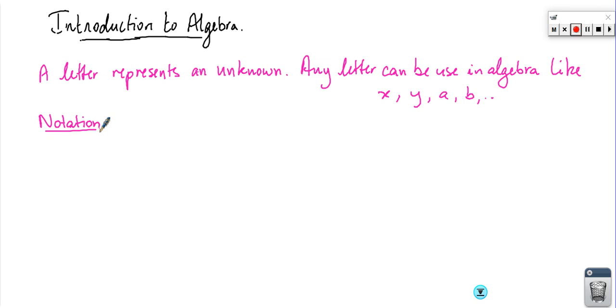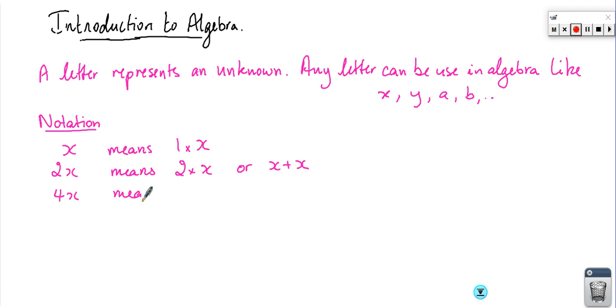Let's say we have X. X means 1 times X. So 2X means 2 times X, or I have 2 of X, meaning X plus X. Same thing if I have 4X. So 4X means 4 times X, or 4 of X. I have 4 of them.